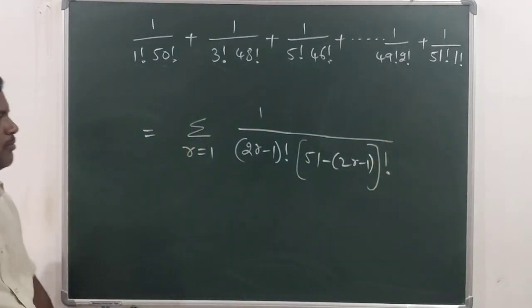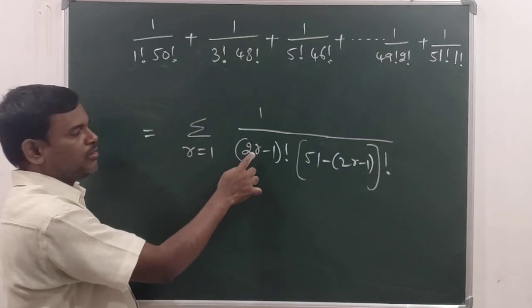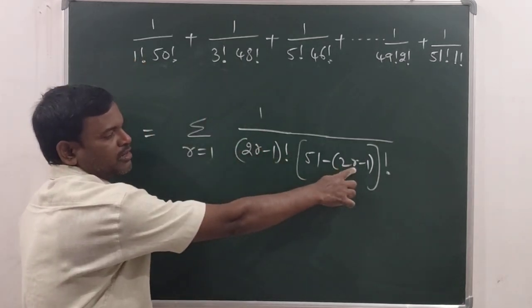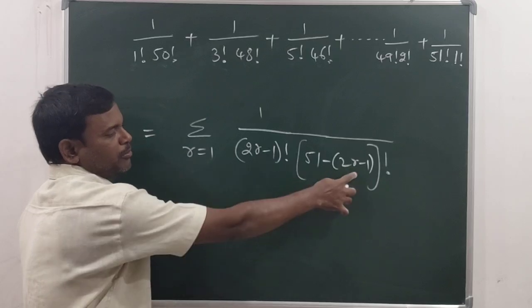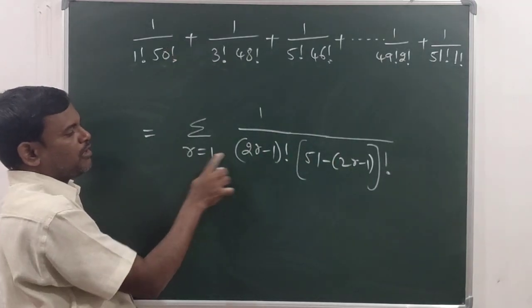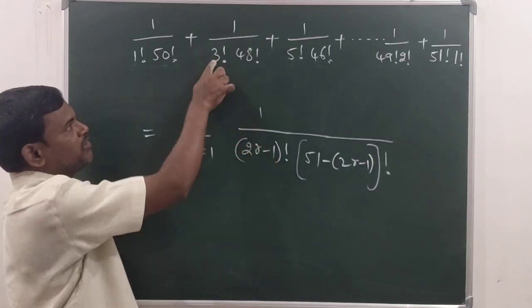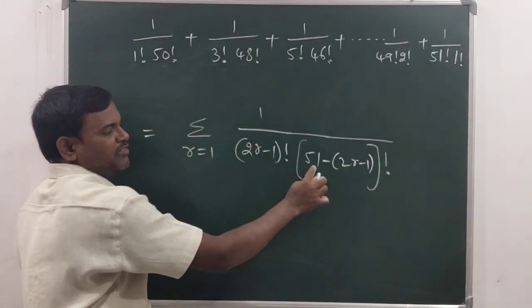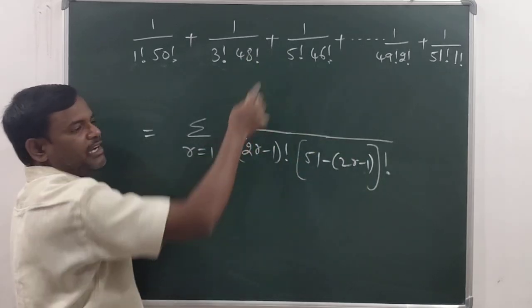Now it is suitable because if I put r as 1 here, 2 minus 1, 1 you are getting. 51 minus 1, 50 factorial. If I put r as 2, 2 into 2 is 4, 4 minus 1, 3, 51 minus 3, 48 and so on.